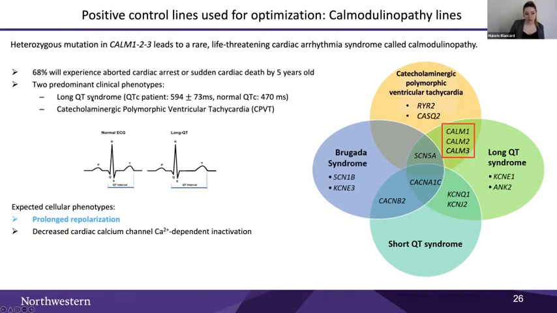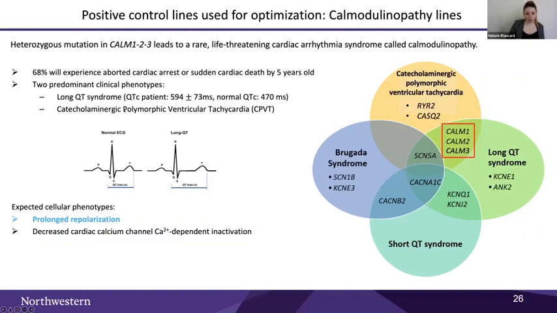The first one, LQT syndrome, that I already explained. To give you an idea, the normal QT corrected to the beat rate, the QTc, is 470 for all of us controls. And for the calmodulinopathy patient, the QTc is around 600, which is really, really extreme.